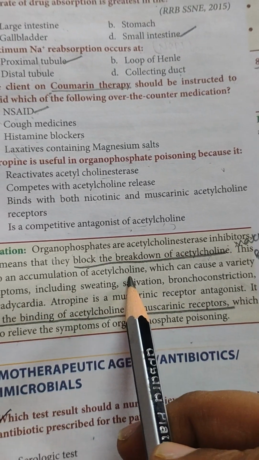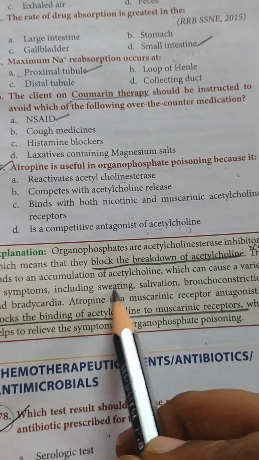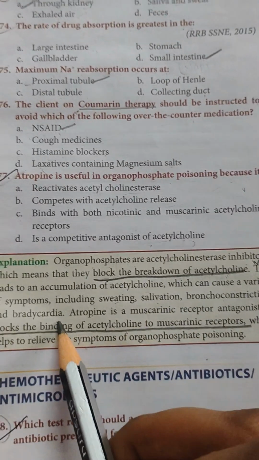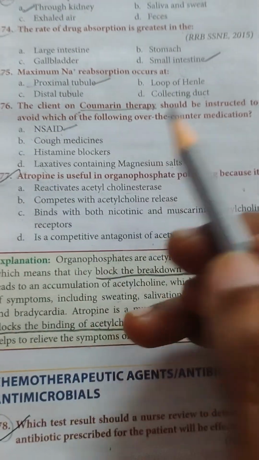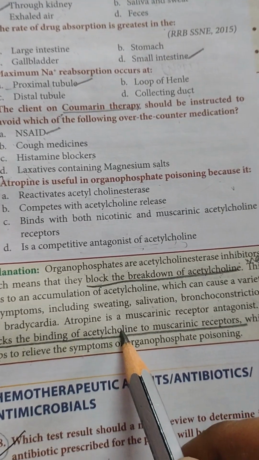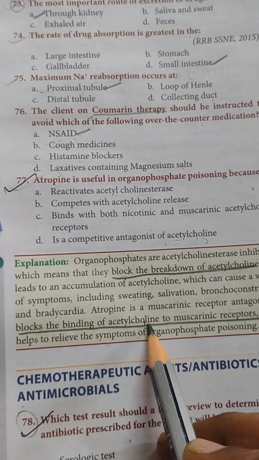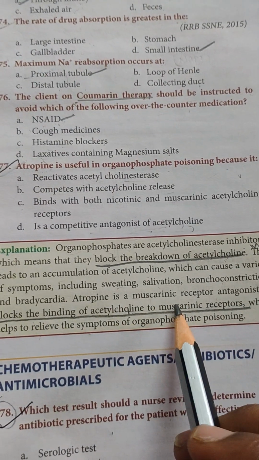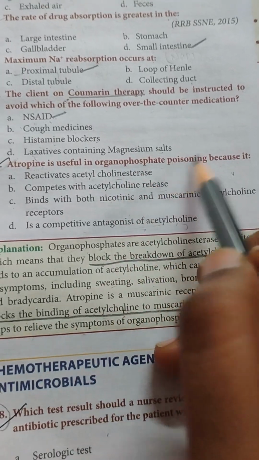Accumulation of acetylcholine causes sweating, salivation, bronchoconstriction, bradycardia. So the atropine drug has the power to block the binding of acetylcholine. That's why it acts as an antagonist for organophosphate poison.